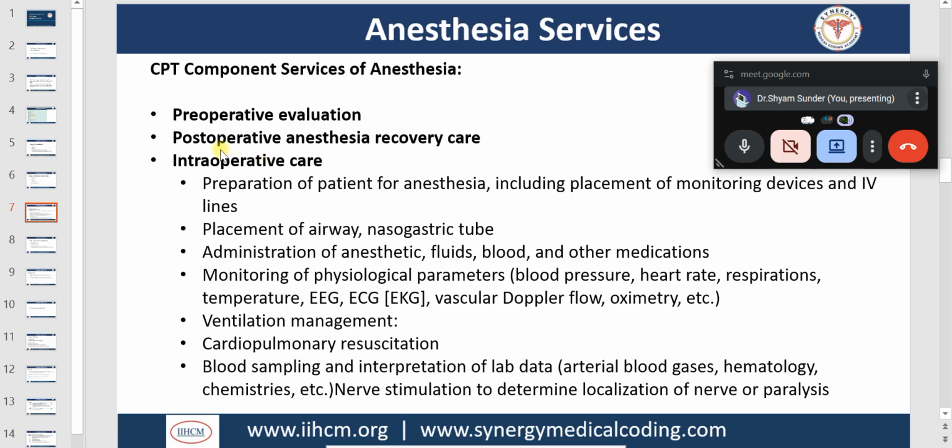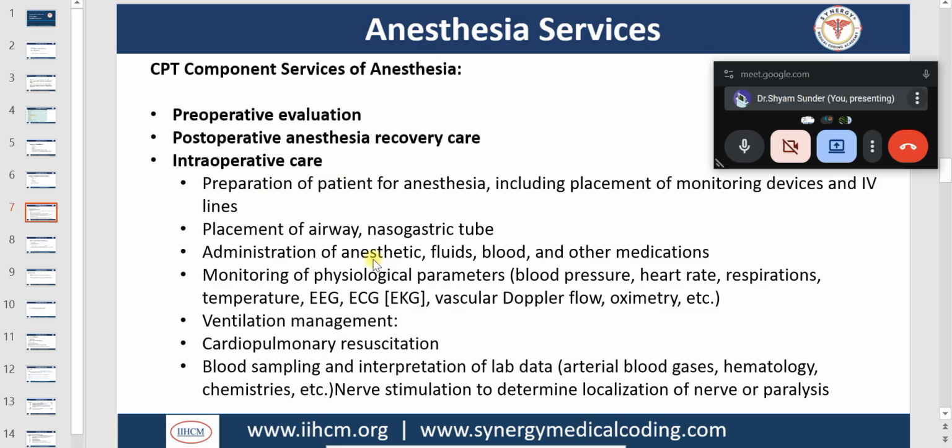And after the surgery is over, until the patient recovers from anesthesia, the anesthesiologist is responsible. So responsibility starts with the preoperative evaluation and continues to post-operative anesthesia recovery care, but the major work is during surgery, intraoperative care.